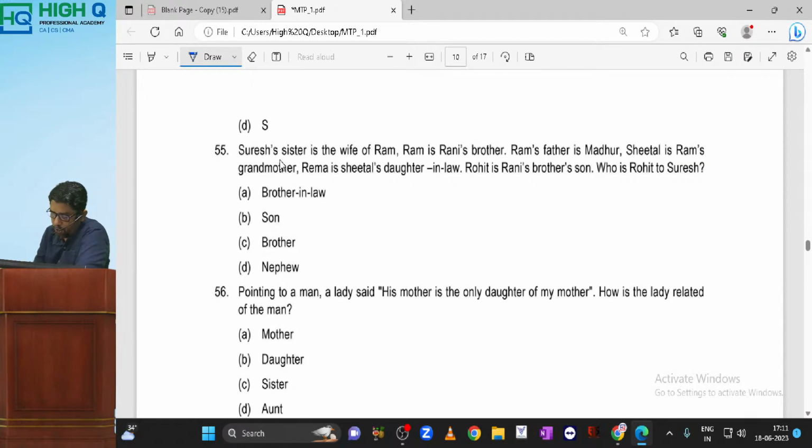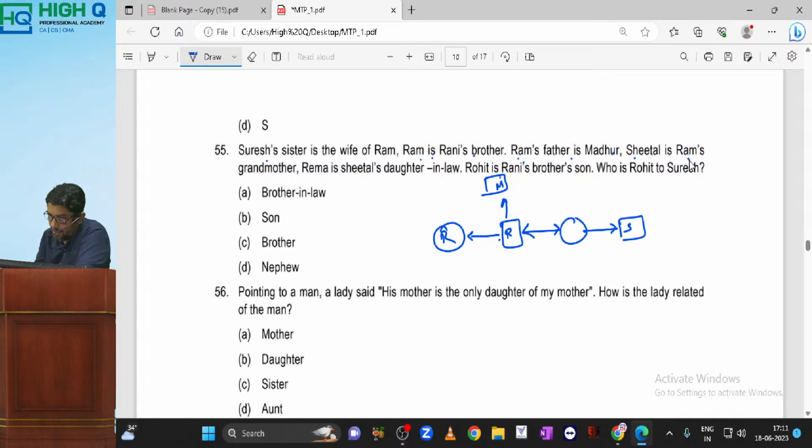Next step. Suresh's sister is the wife of Ram. So Ram has a wife who is Suresh's sister. Ram is Rani's brother. Ram's father is Madhur.